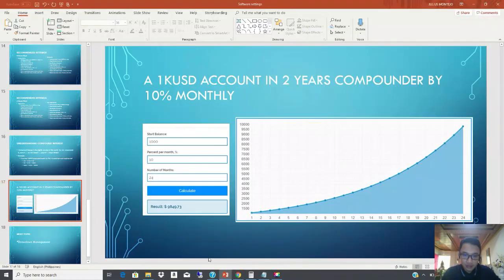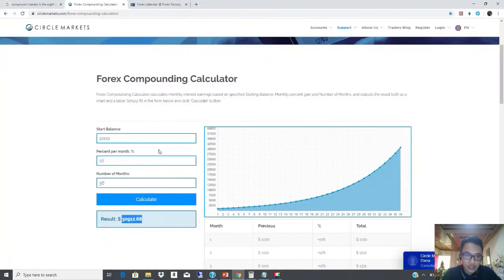Then let me give you an idea also. My current account right now is almost 25,000 USD. Let me show you the power of compound interest on my account. That's 25,000 USD at 10%. I'm only targeting 10% a month. I'm really contented even if it gives me around 8% per month, but I'm averaging 10% per month.